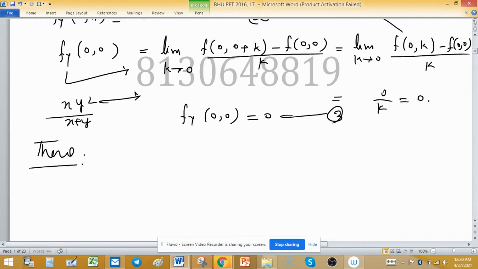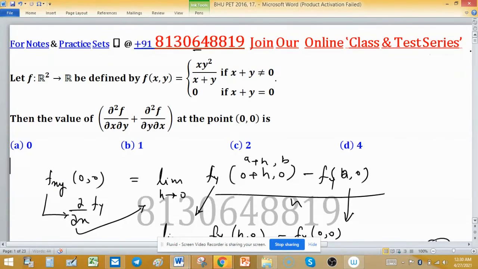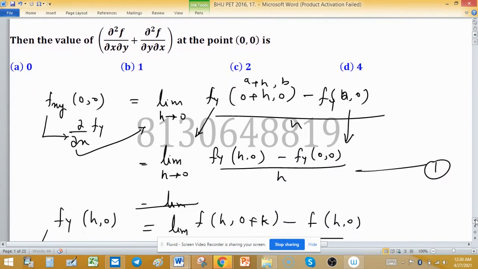Use equation 1. Therefore f_xy at (0,0) is equal to the limit as h tends to 0. What we have done here, as you can see, this is equation 1.